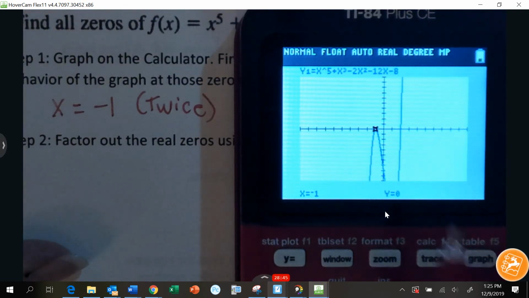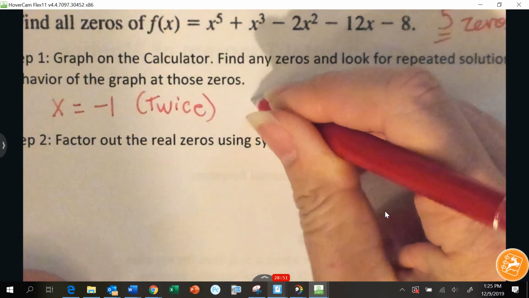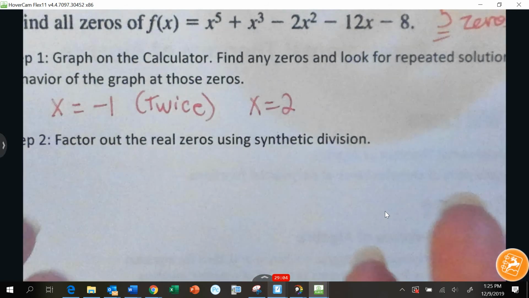Let's see. Second trace value, 2, enter. Yes, 2 is another one. So x equals 2. I need 5. How many am I allowed to use my calculator for? 3 of them, which is all I could use my calculator for.